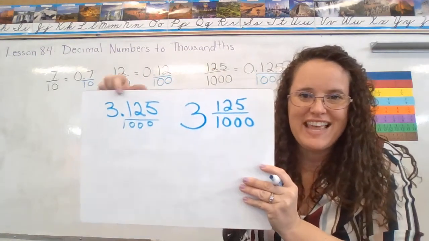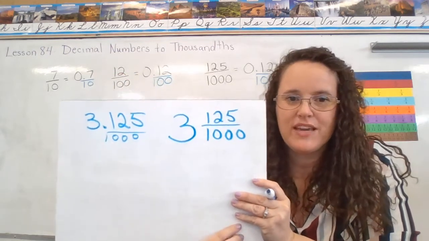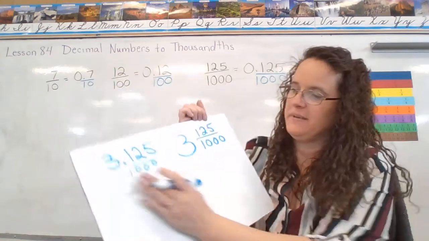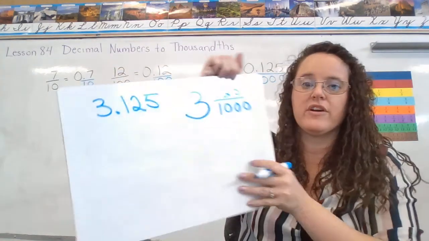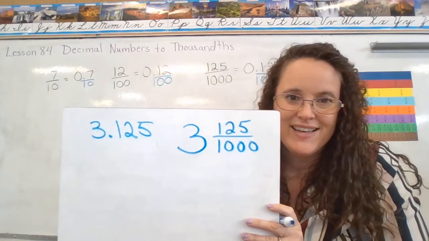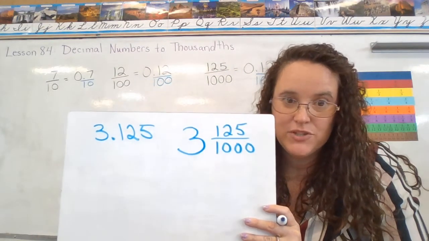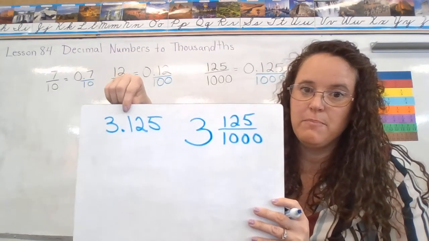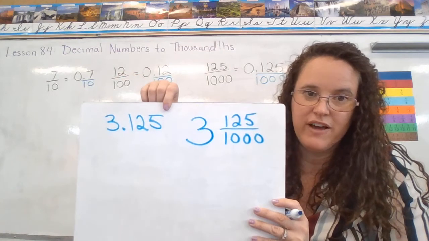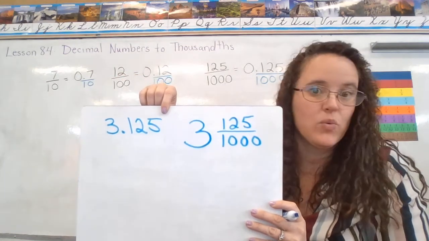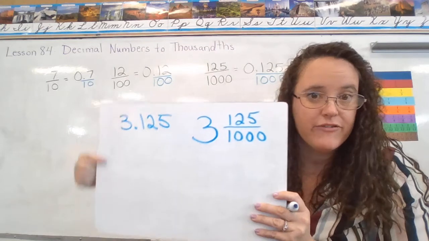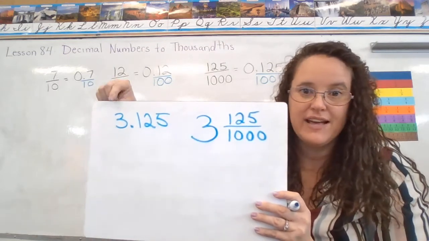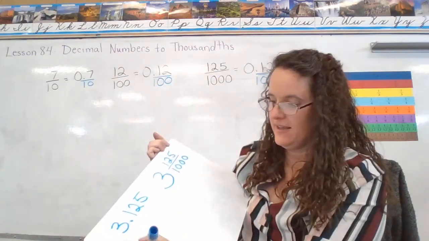And I have not said this on purpose because I want you to think really hard about how we read this number. I'm going to take away my work there. So what I usually hear from students, and I am guilty of saying this sometimes too, is 3.125. That is wrong. And if you write that for your words, your question will be marked wrong. We read it as the whole number. We say 3.